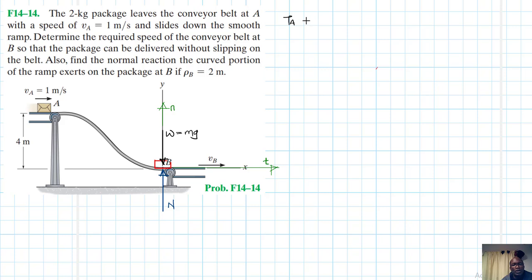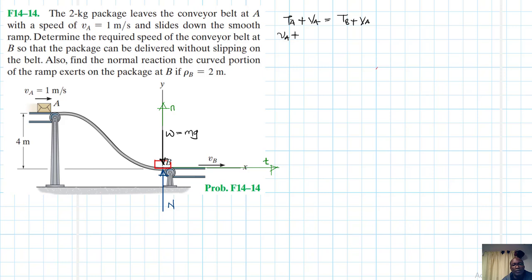So at this point, the box here has maximum potential energy. But as it begins to slide, the potential will be converted to kinetic, and it will keep on increasing. So we have the kinetic energy at A plus the potential energy, and this is equal to the kinetic energy at B plus the potential energy.